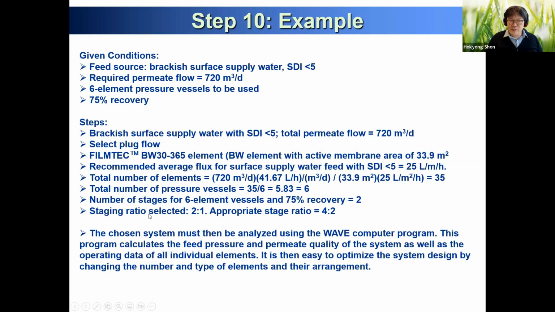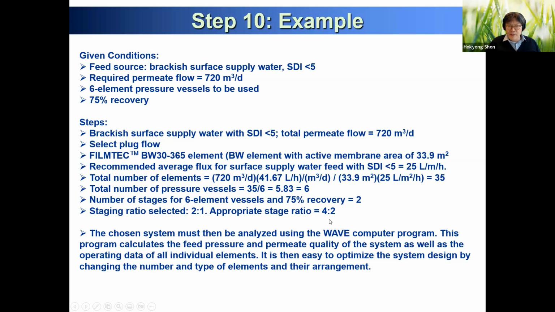So with 6 pressure vessels and 75% recovery, we can have two stages because of this information, and the staging ratio selected is 2 to 1. For brackish water staging, we have 6-element vessels.